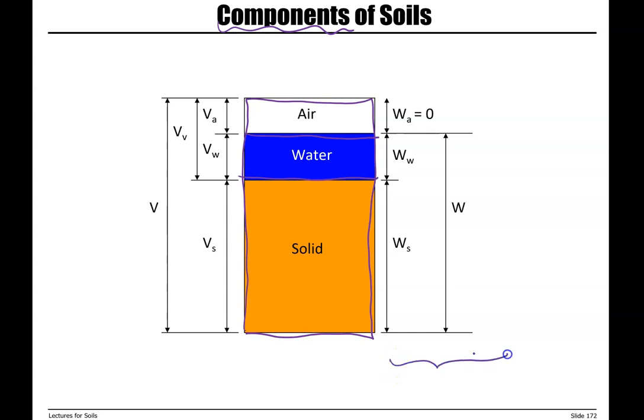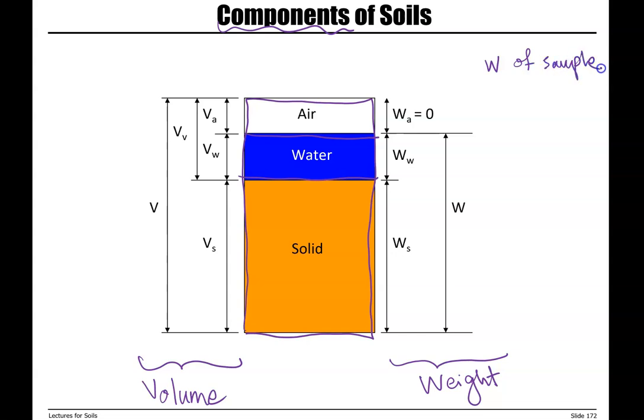Then on one side we do the weight calculation, and on the other side we do the volume calculation. So we have weight of sample. This is the total weight of our soil sample.